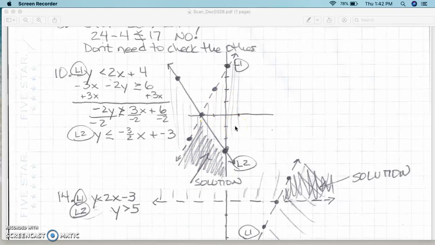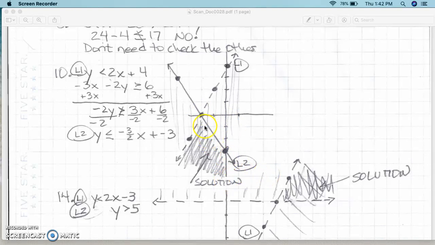Now the second inequality had to be manipulated in order to put it in y equals mx plus b form so I could graph it. I added 3x to both sides and divided every term by -2, which meant I had to flip my inequality sign. So you should have ended up with y is less than or equal to -3/2 x minus 3. So I graphed my intercept at -3, applied my slope, up 3, left 2, or I could have gone down 3, right 2.